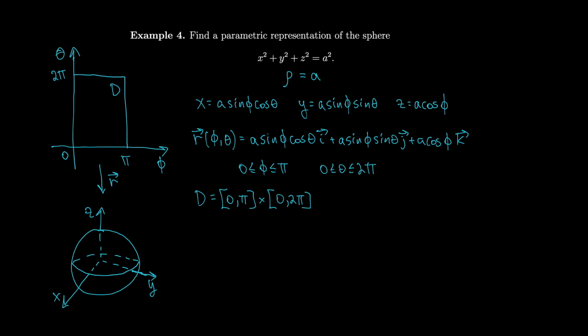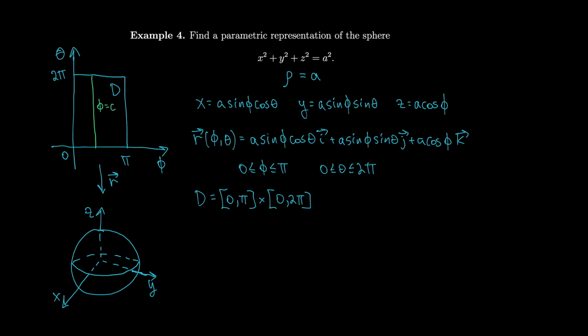So if I have, say, some phi equal to a constant, we get a vertical line in our domain.